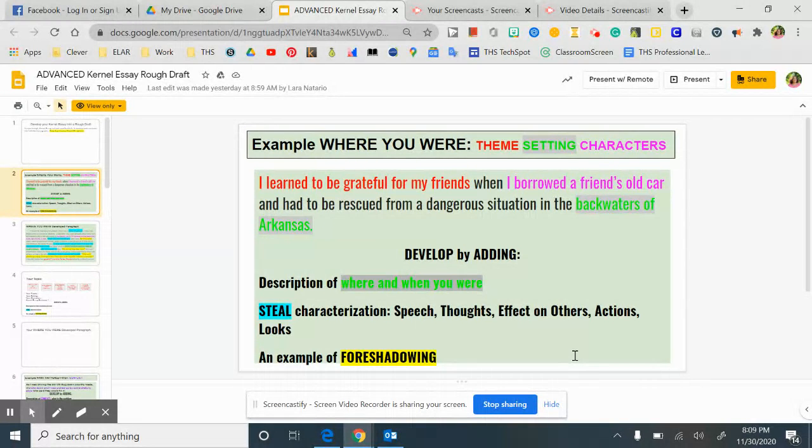We are going to develop this into a paragraph, and we do that by adding. We are going to add description of where and when you were in your memory. We are going to add to our character development by using STEEL as our characterization guidelines. So remember, characters are developed by either speech, thoughts, effects on others, actions, or looks.